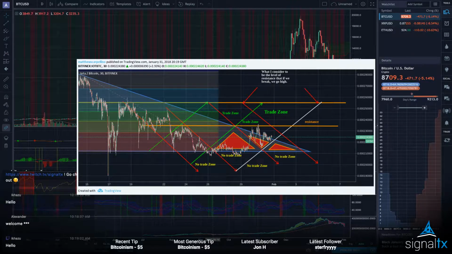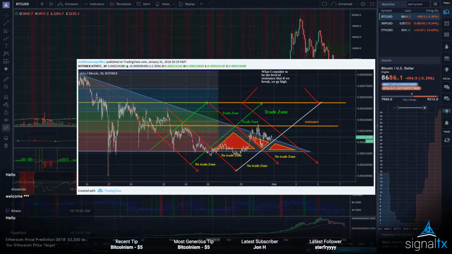Yeah, I get it. So you would normally wait for one or two confirmation candles, and then you would go into your positions, right? Yeah, so at least two candle confirmation.